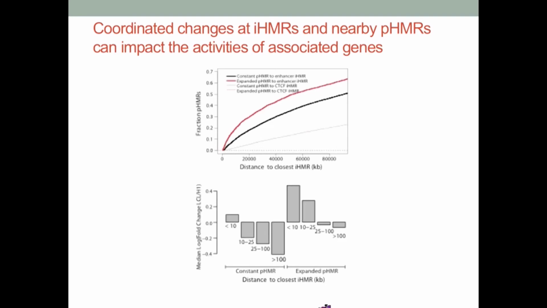But then the ones that are constant, the subset of those where the IHMR is farthest away, those show the biggest change in expression, which is kind of striking. You would think it drops off with distance from the start site, but it's the opposite. Yeah, I see what you mean. Unless that means it's the next gene, right? It could be, and yeah, it's true. It's striking.